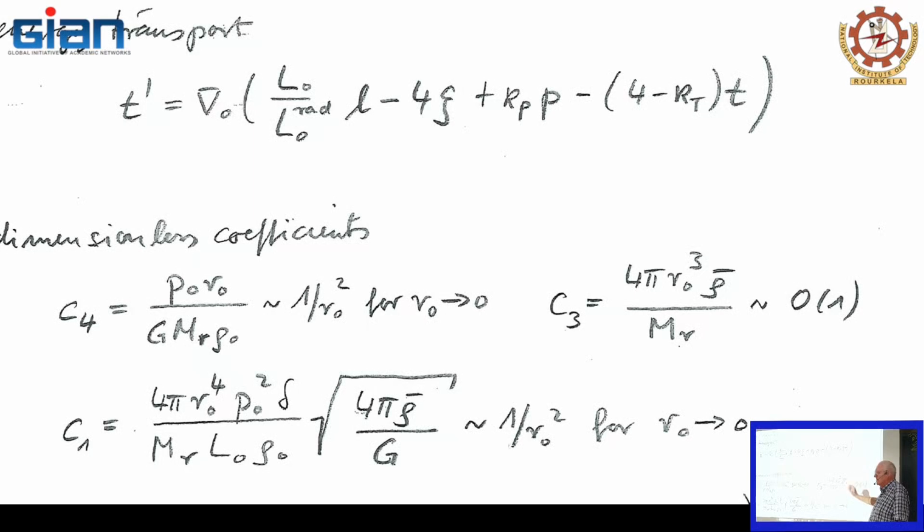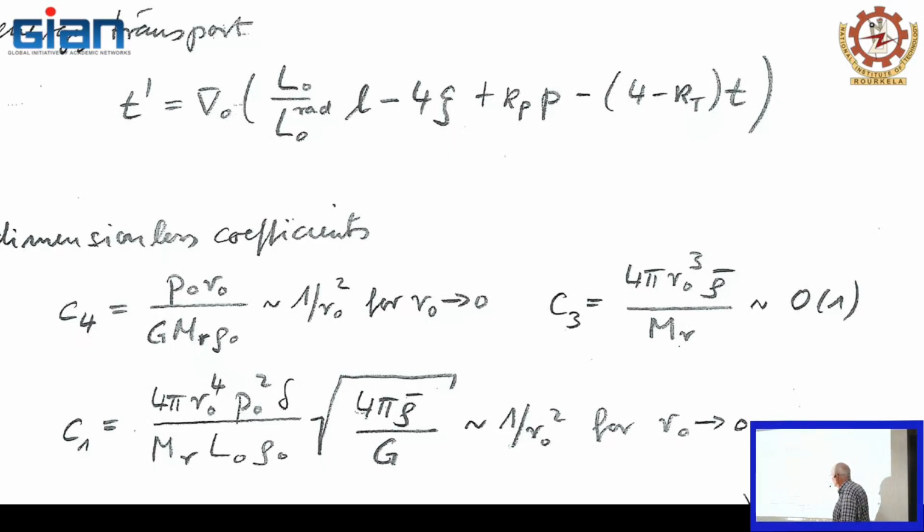This is a coefficient of order unity. It doesn't vary too much. It describes, so to say, the stratification of density. It's only the density which influences this coefficient C3. There's not much behind it. It describes the stratification of density.